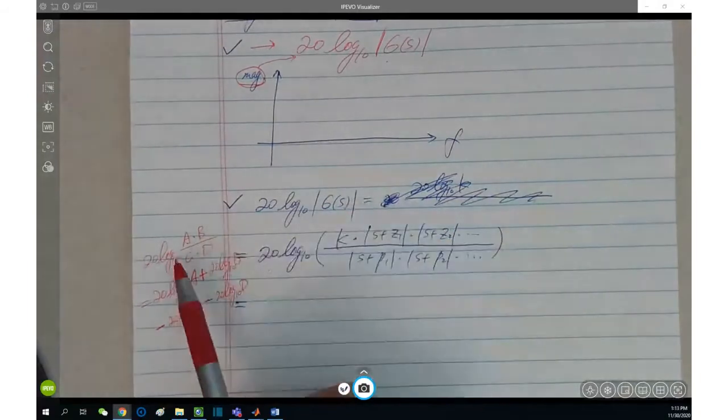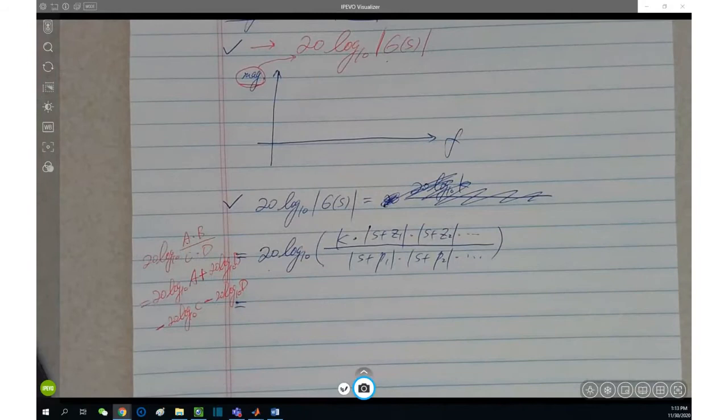In other words, 20 log 10 of a times b equals 20 log 10 a plus 20 log 10 b. And divide by c, and then divide by d, it means minus 20 log 10 c, and then minus 20 log 10 d.